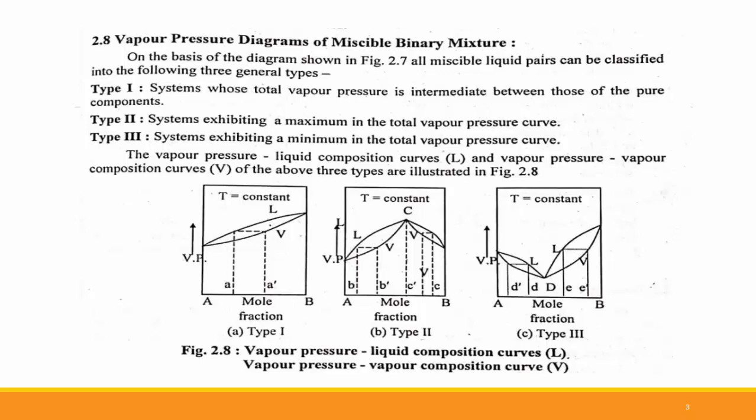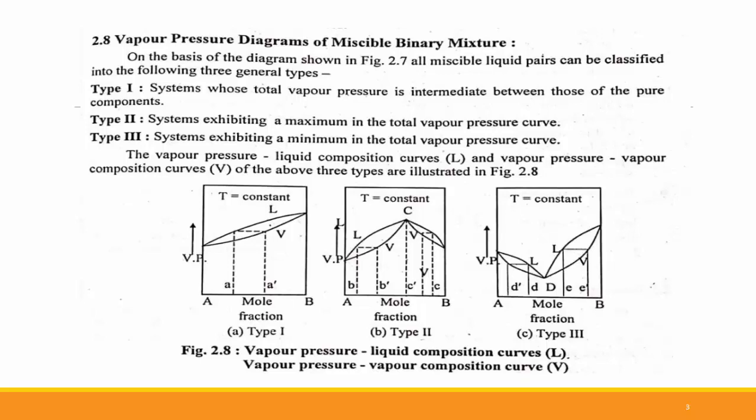Type 1 is a system whose total vapor pressure is intermediate between those of the pure components. Type 2 is a system exhibiting a maximum in the total vapor pressure curve, and type 3 is a system exhibiting a minimum in the total vapor pressure curve.